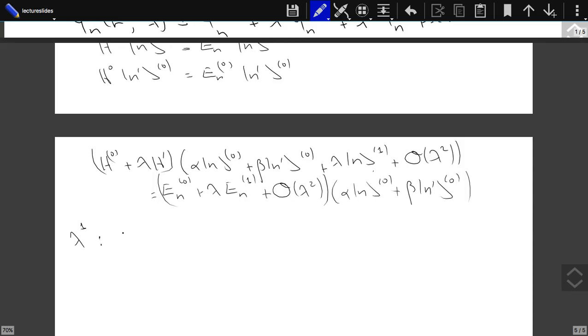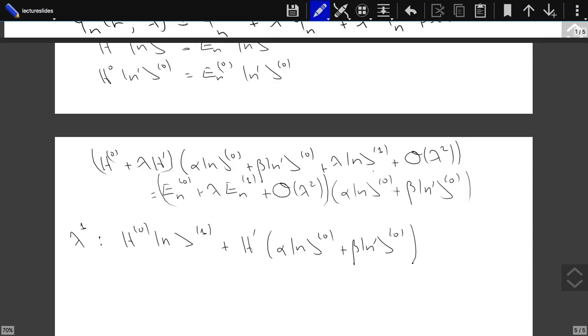Now, on the left-hand side, we have H0 and 1 plus H prime alpha N0 plus beta N prime 0. This is the left-hand side.